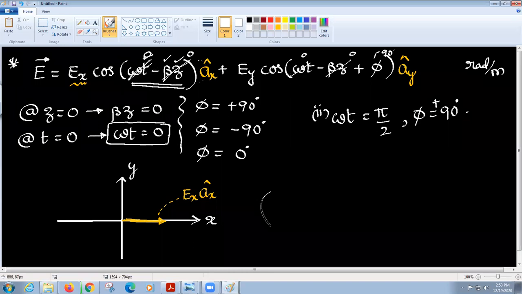So anyway, this is now cos 180, which is negative 1. Therefore you have minus Ey Ay. So now you have it like this: if it is positive y, this is positive x, this must be negative y.